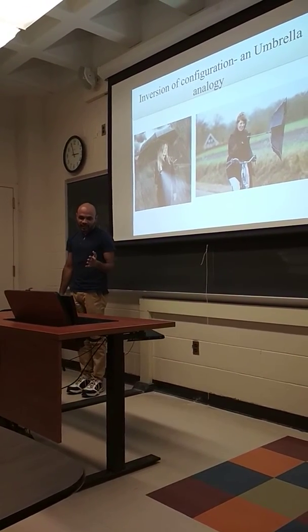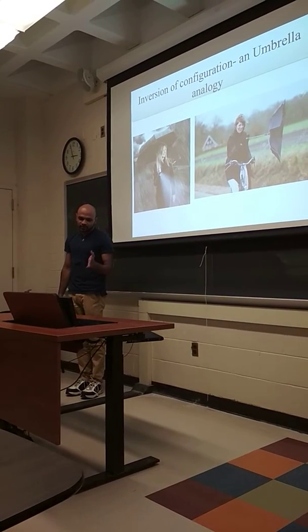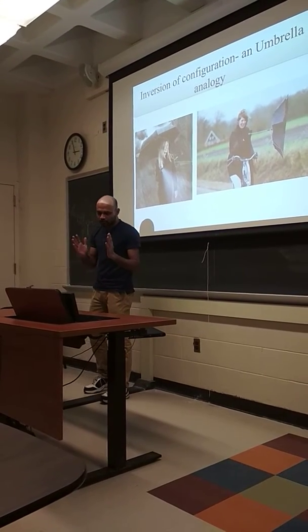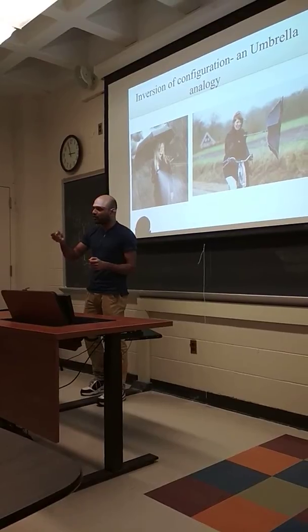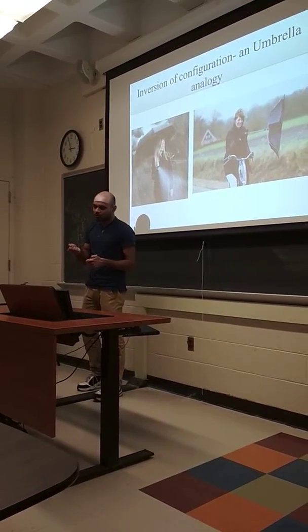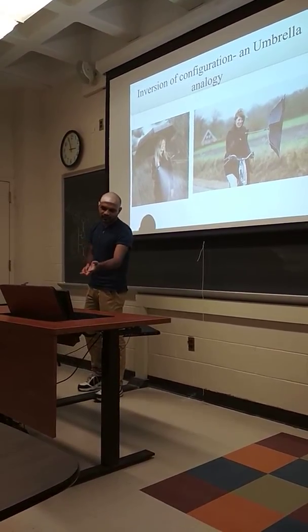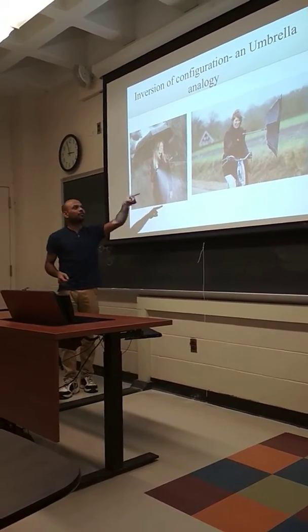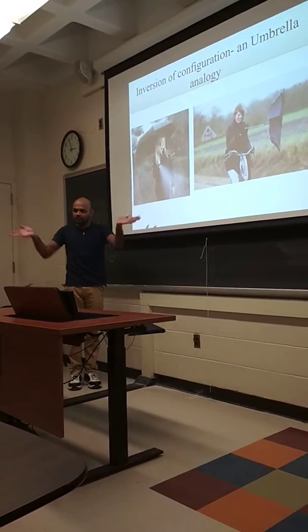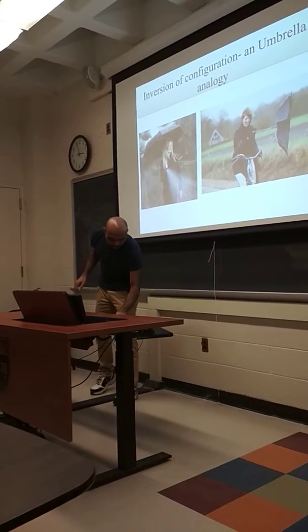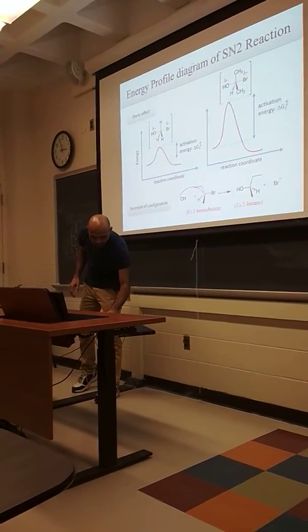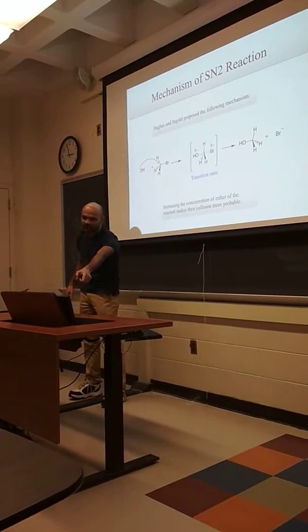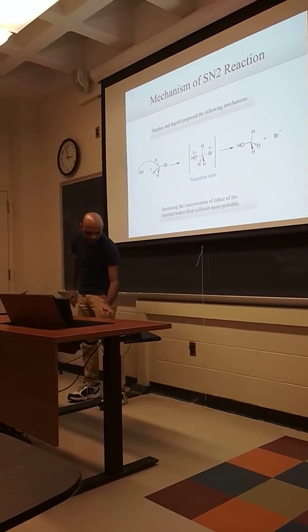This is a clear analogy of how it is happening. If we are holding an umbrella without strong wind, it will be as it is supposed to be, but in front of strong wind it will be totally upside down. That thing is going to happen in this reaction as well. You can see the inversion of configuration.